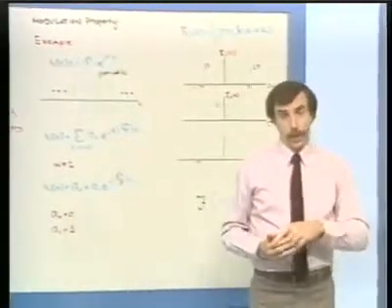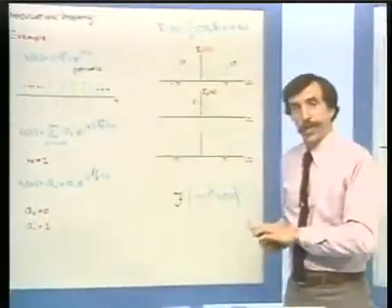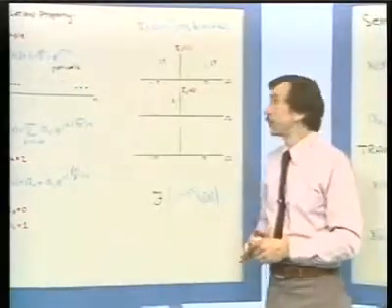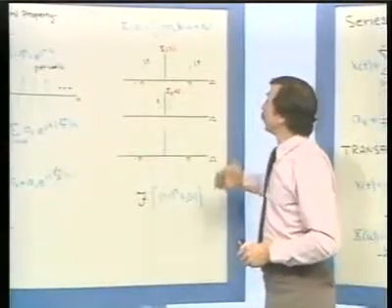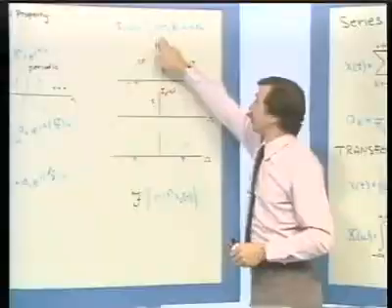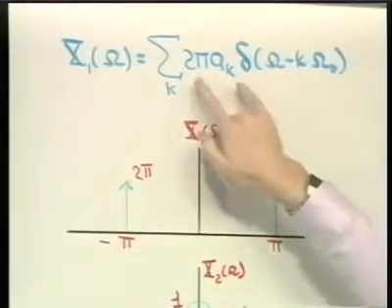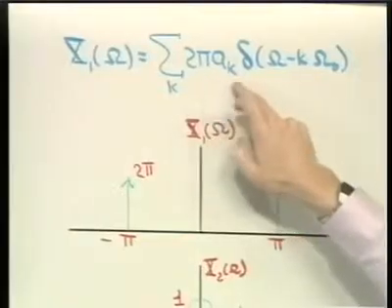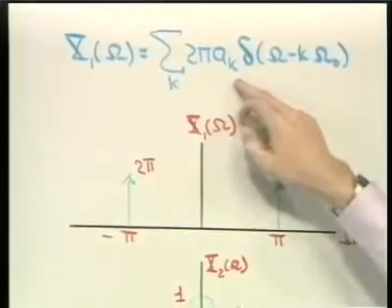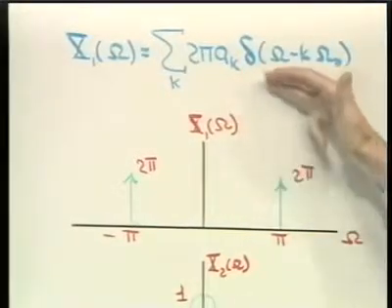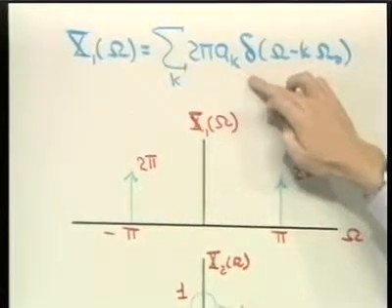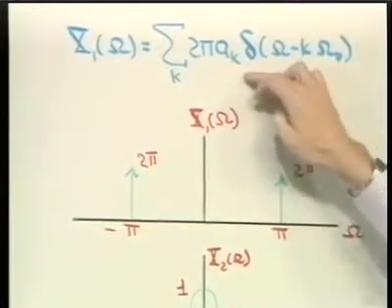Okay, now if we want to get the Fourier transform for this, we take those coefficients and essentially generate an impulse train where we choose as values for the impulses 2 pi times the Fourier series coefficients. So the Fourier series coefficients are a0 is equal to 0 and a1 is equal to 1.